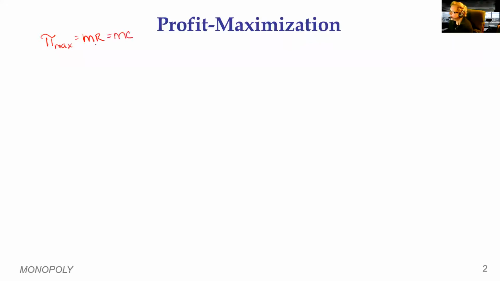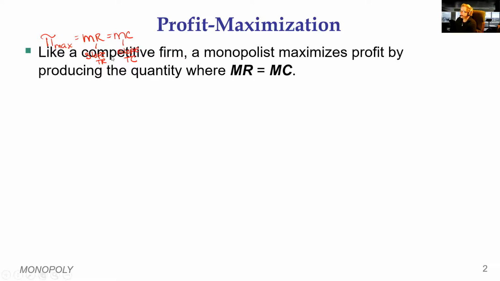And remember, marginal revenue is just the slope of the total revenue curve, and marginal cost is just the slope of the total cost curve. So we're still going to produce where marginal revenue and marginal cost meet.